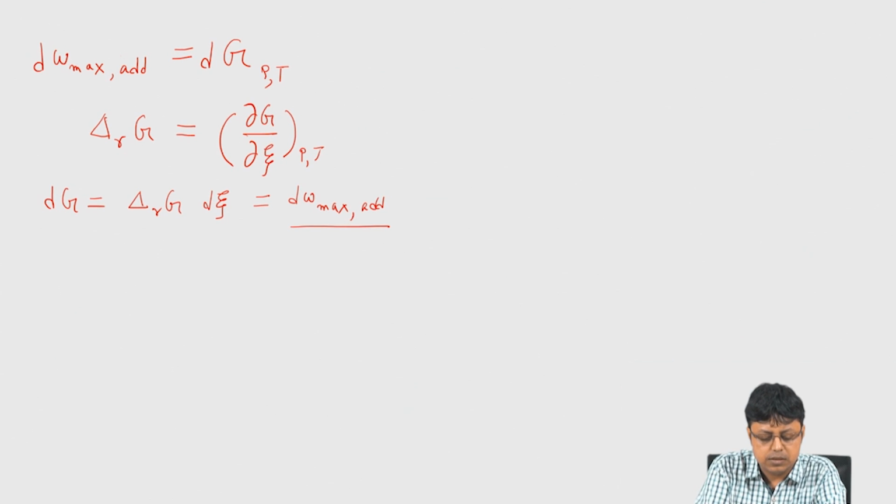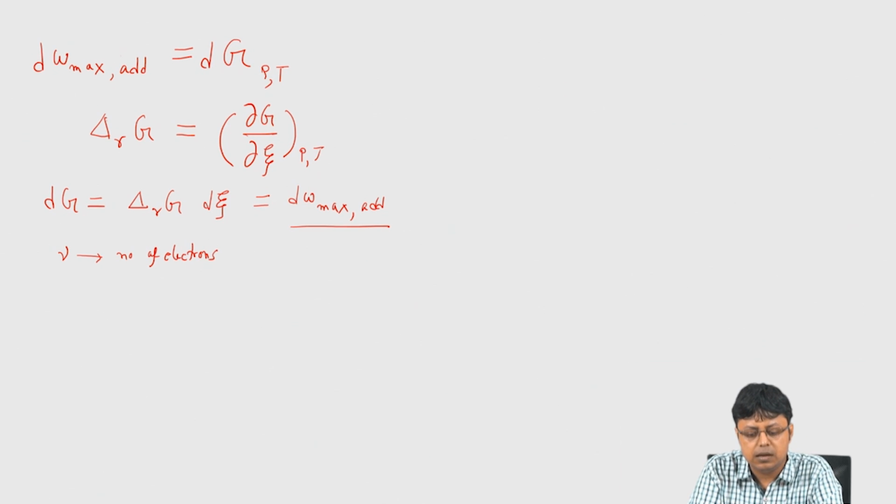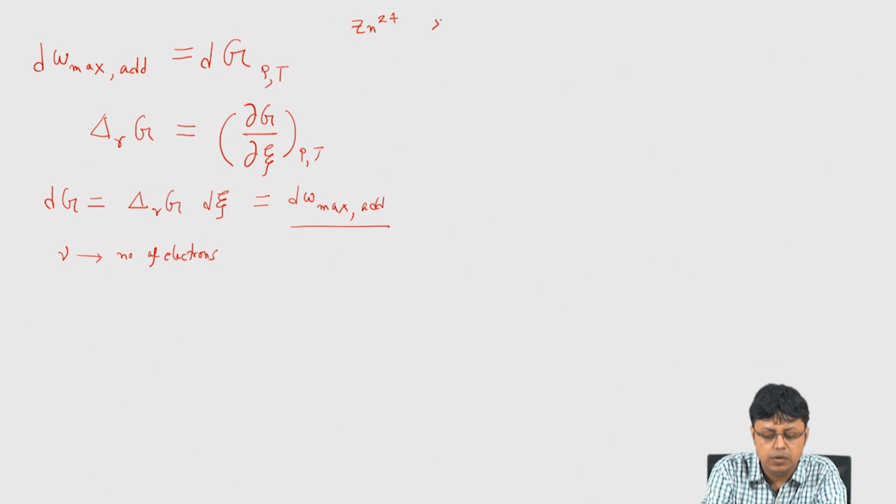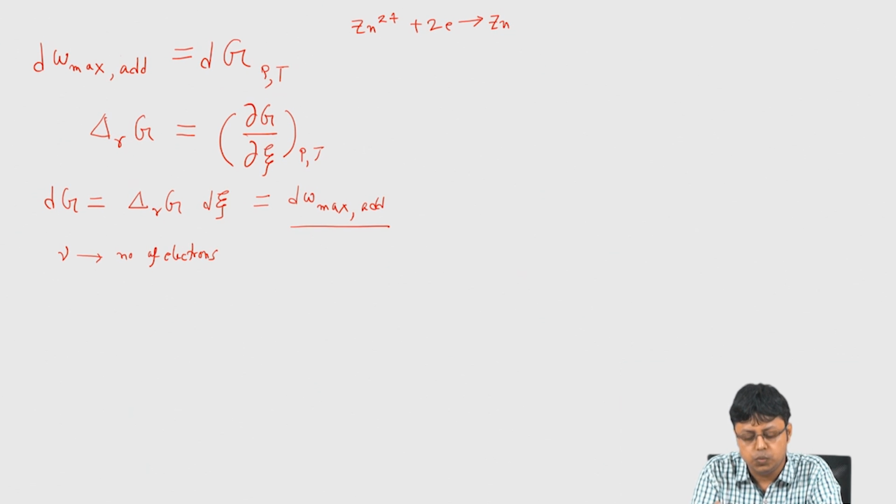Now, suppose we are considering some reaction where nu is the number of electrons in the stoichiometry. For example, for zinc 2 plus to zinc, we added 2 electrons, and the same was for copper. So, in this case nu will be 2.